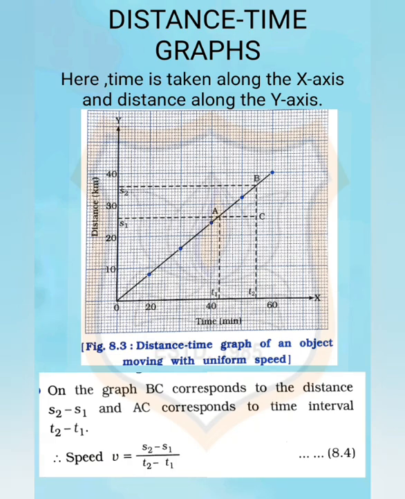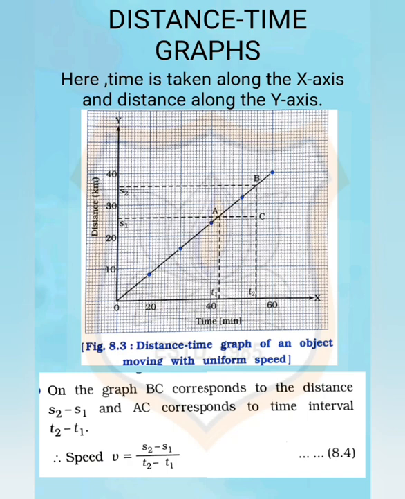So, let us consider a small part AB of the distance time graph as shown in the figure already. Draw a line parallel to the x-axis from point A and another line parallel to the y-axis from point B. These two lines meet each other at point C to form a triangle ABC, as we are observing in the diagram.